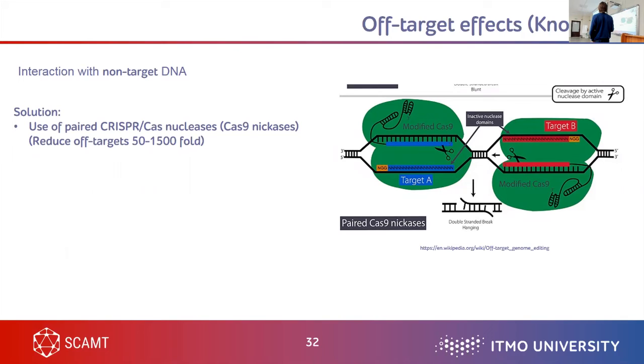If only one strand is cleaved, there will be no double-stranded break, and the break of single-stranded DNA is easily repaired. But if we use two nickases, they will cleave DNA here and here, and there will be a double-stranded break.